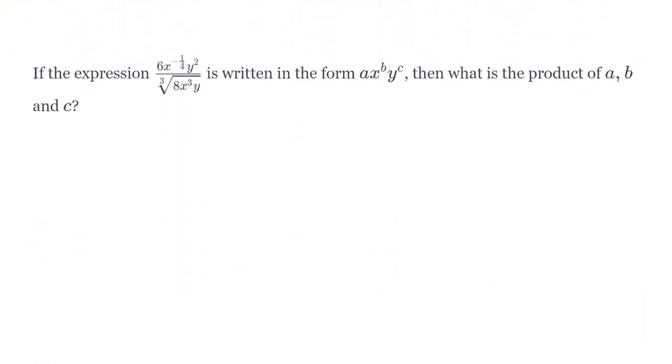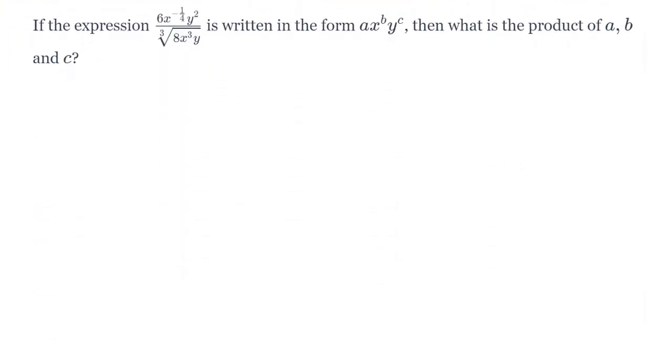Okay, here's another example over here. We're going to follow the same procedure, only this time it's not a square root, it's a cube root in the denominator. So we're going to keep the numerator because it's already in rational exponent form, and then rewrite the denominator in rational exponent form.